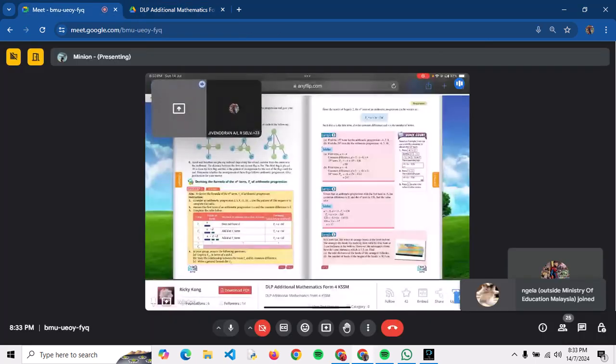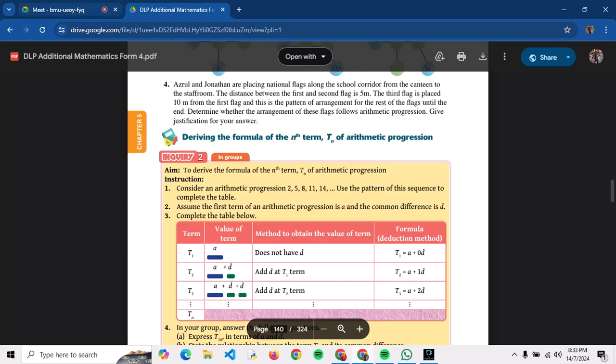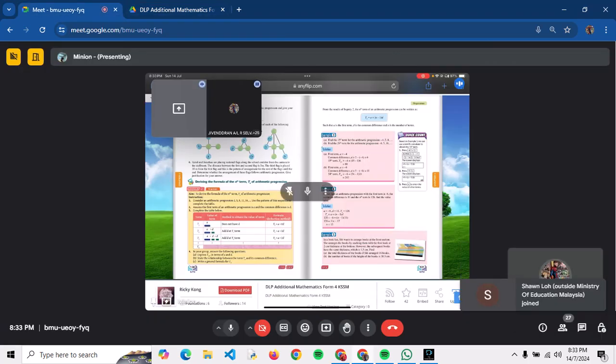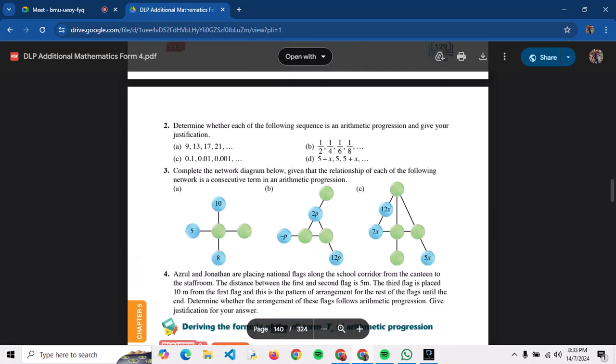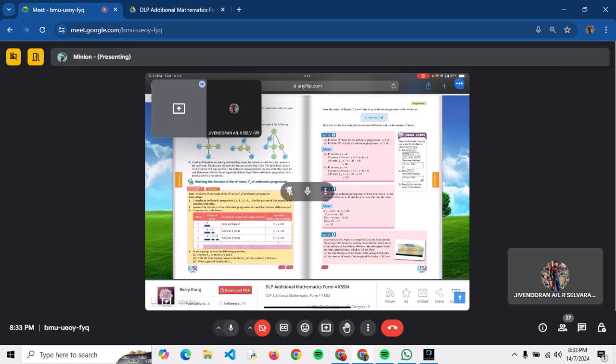Okay. And also, right after explaining, we don't have to rush, right? After explaining, there are also some proving questions which you guys have to know for this chapter. It might come out in exams. Nowadays these proving questions are quite popular. Proving questions are very easy to score if you really know how to prove the formula.